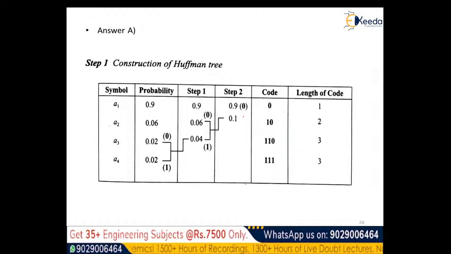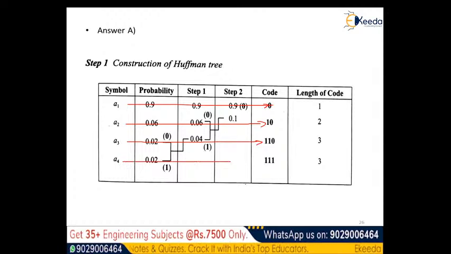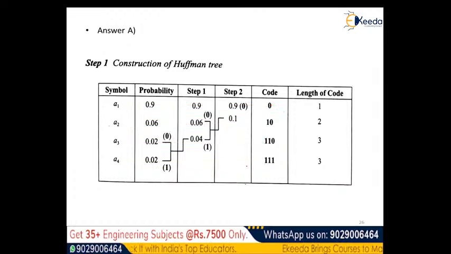So if we collect the results, the final code for the symbol A1 is 0, for A2 it is 10, for A3 it is 110, and for A4 it is 111. The length of code can be written in the last column.